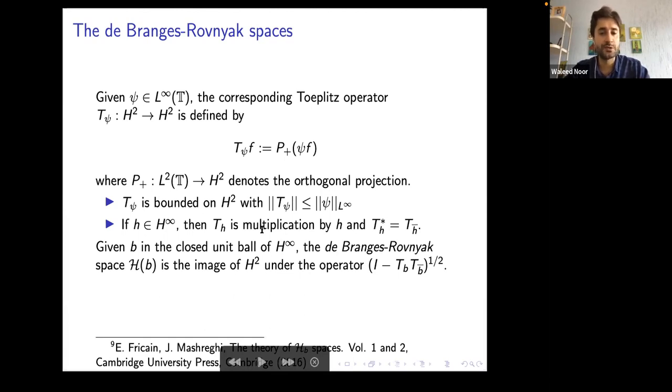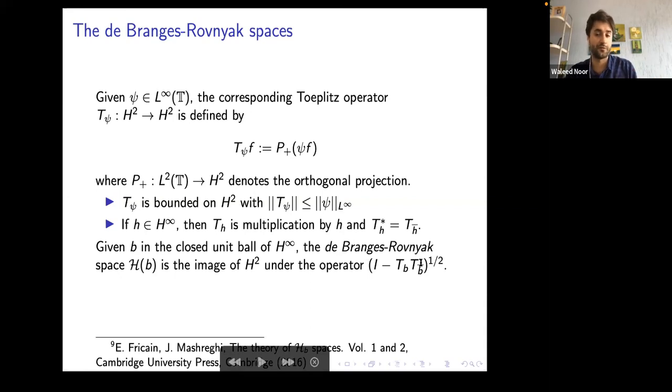So what is a de Branges-Rovnyak space? Given b in the closed unit ball of H infinity, remember H infinity are bounded holomorphic functions on the unit disk. If it belongs to the closed unit ball, of course, it has the supremum norm. So closed unit ball meaning supremum less than or equal to 1. Then the de Branges-Rovnyak space H(b) is the image of H2 under this operator, I minus T_b T_b adjoint, conjugate.